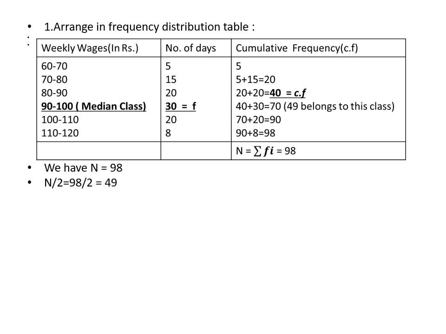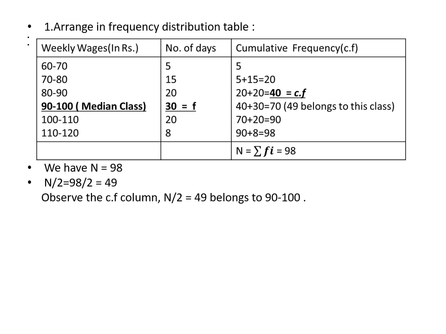Now we have here n equals 98. That means n by 2 is the sum of all frequencies, 98, divided by 2. This gives you 49. Now observe the cumulative frequency column that we have calculated, the third column.